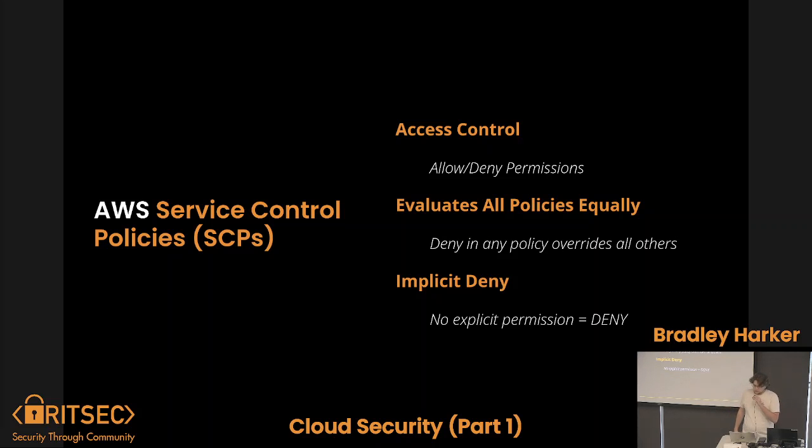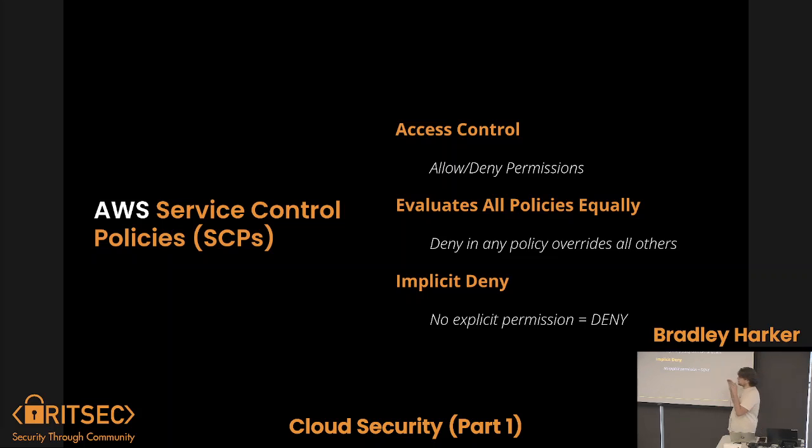SCPs evaluate all policies equally, so if you have multiple policies applied to an account, a deny in any single one of those will override all of the other ones. There is no order of importance, they're all applied equally.